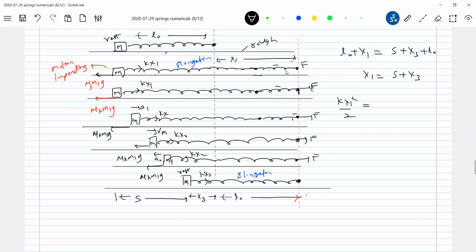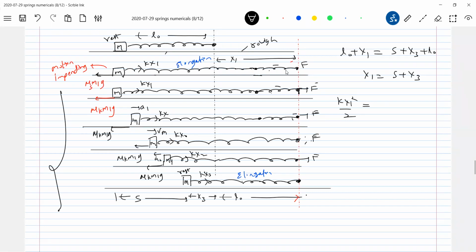If I remove this F, you'll not understand. O will pull that one, the external agent only. From here onwards, you remove it. From O it is connecting. You may say that it's connected to a nail, so I should bring a nail, or therefore I'm just showing that F. So any work the external agent will do from here, nothing. Then only the spring force will do work.